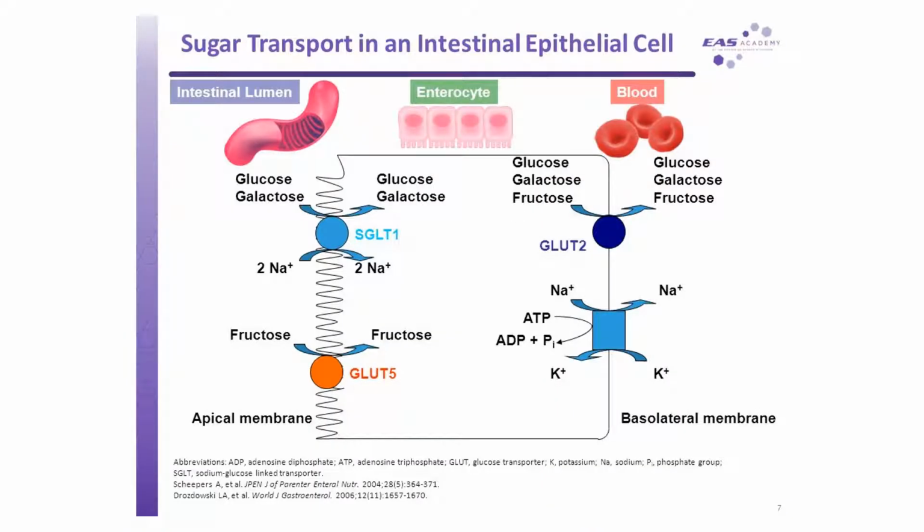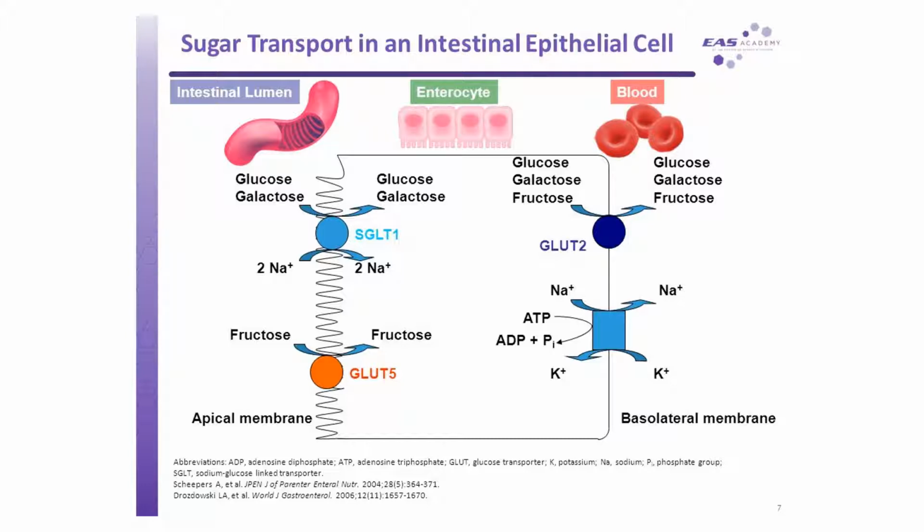So just a quick look at how fructose, glucose, and galactose are absorbed differently. So the enterocytes, right, that cell that lines the small intestine, and over here we're inside the intestine, and this is the other side of the enterocyte, which is moving into that capillary. So glucose and galactose will move. SGLT is actually the carrier protein that will move glucose and galactose, again, typically against the concentration gradient into the enterocyte.